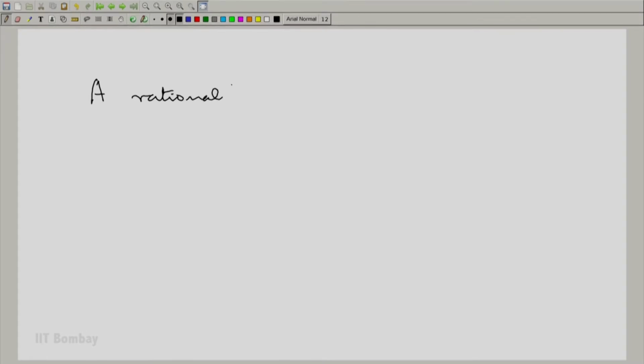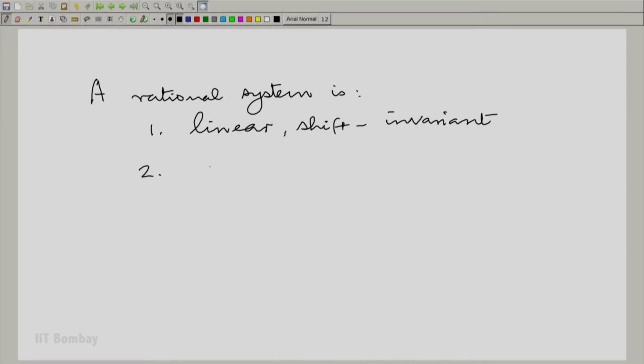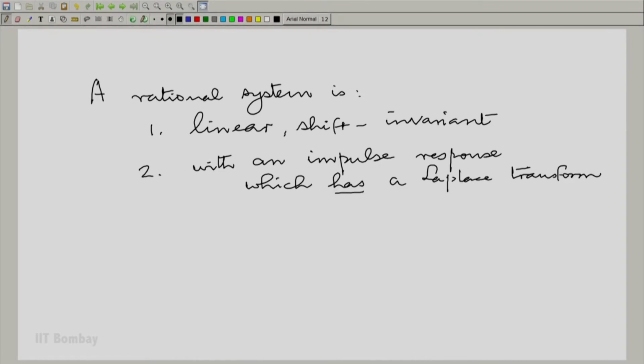A rational system is one that is linear shift invariant with an impulse response which has a Laplace transform.